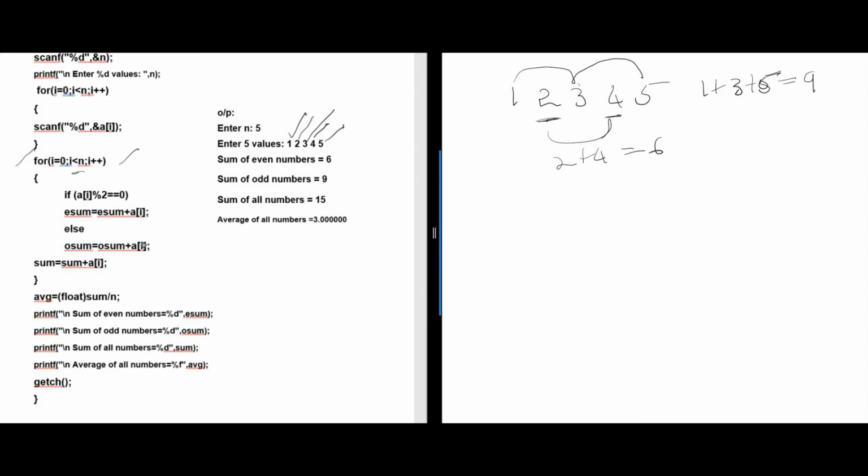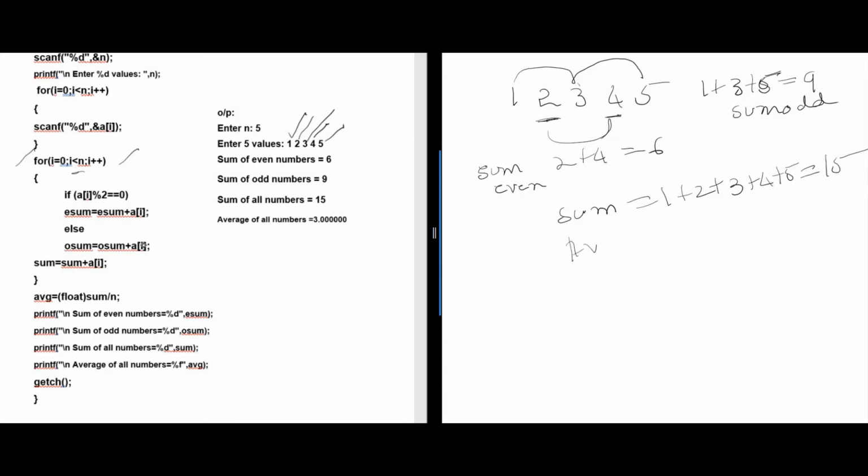This is sum of even numbers. This is sum of odd numbers. And what is the total sum? Total sum is 1 plus 2 plus 3 plus 4 plus 5 which is equal to 15.